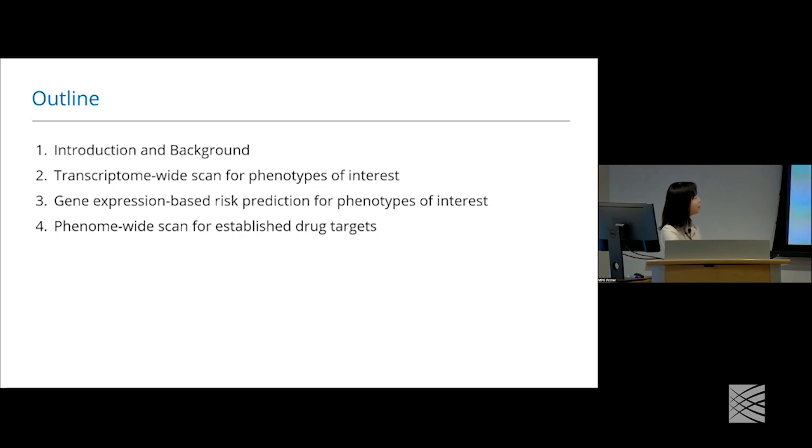And then using the same list of phenotypes of interest, which are cardiometabolic traits, we will show how we constructed and tested gene expression-based risk score for disease risk prediction. And then we will switch from a phenotype-centered analysis to a gene-centered analysis, where we run phenome-wide association studies for established drug target and explore the possibility that this method may prioritize some novel indications for approved medication.